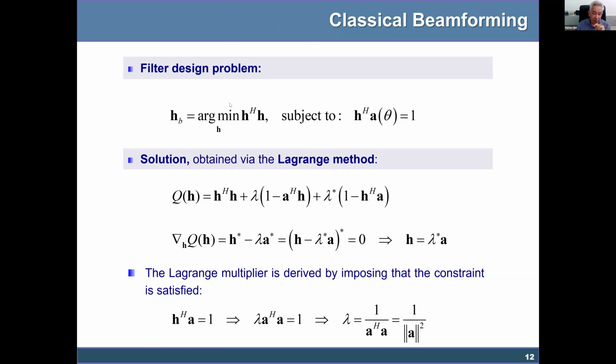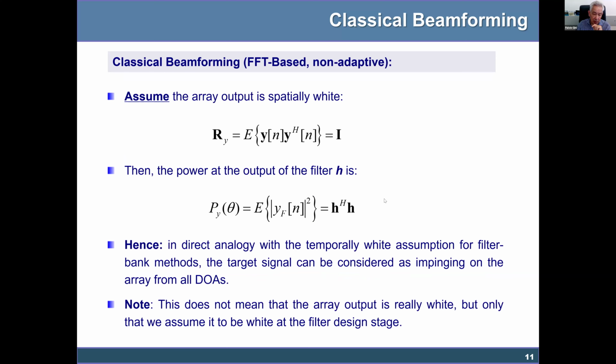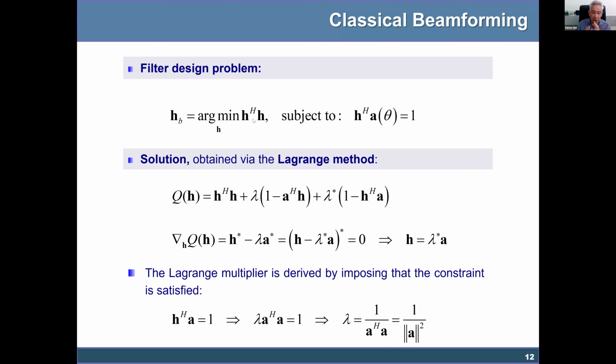And with the assumption that we have made, the power is expressed by H Hermitian H. So remember, the assumption that R_y is equal to the identity matrix basically allows us to eliminate the dependency on R_y in our optimization problem. Now that we have eliminated the dependency on the unknown R_y, we can solve the problem.